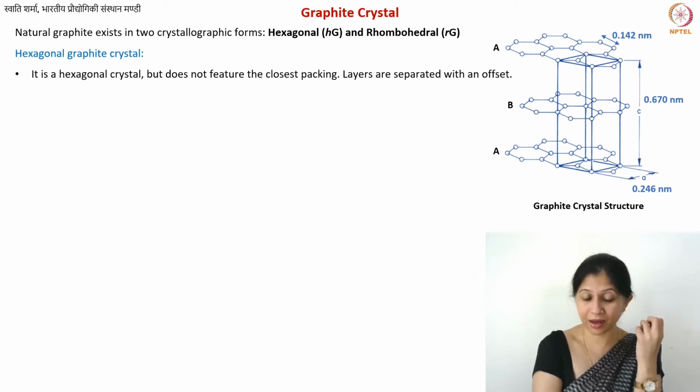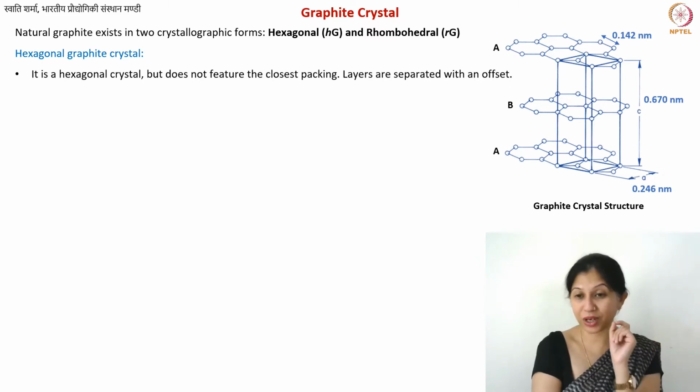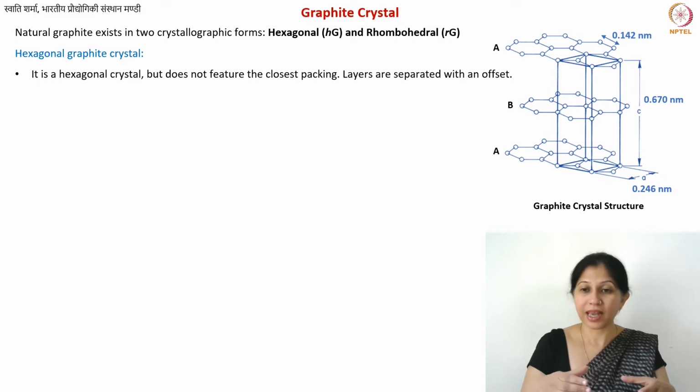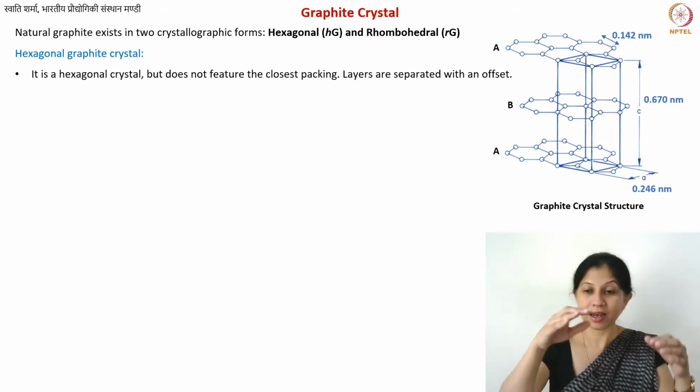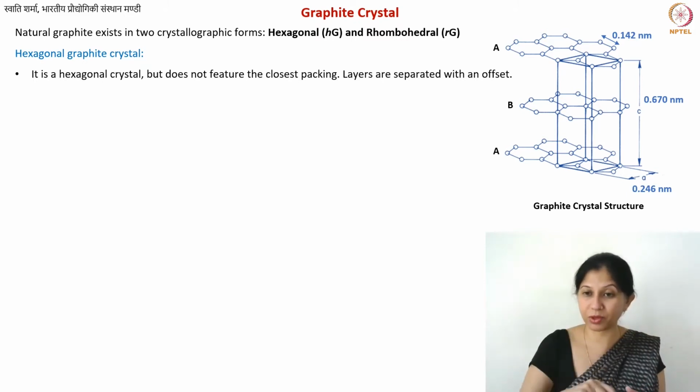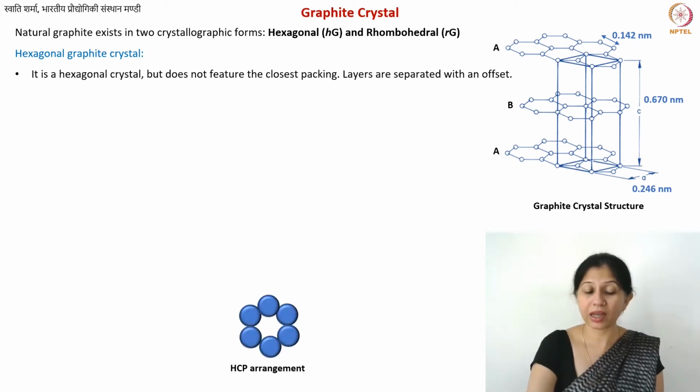But that would be possible only when you have the closest packing, which means that you have one layer, and exactly on top of that, touching the atoms, you have another layer, the B layer, and then again exactly without any space between the two layers, you have the layers stacked on top of each other. That would be the closest packing.